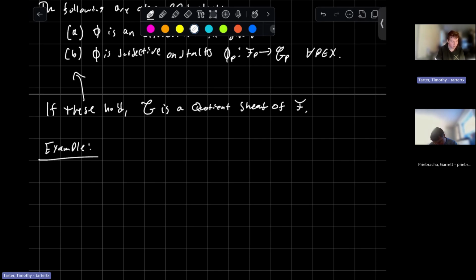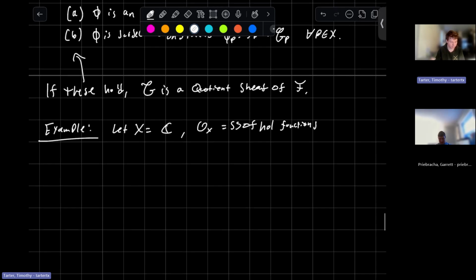So, example. Let X be the complex plane with the standard topology, with structure sheaf O of holomorphic functions as defined in the first exercise from today.